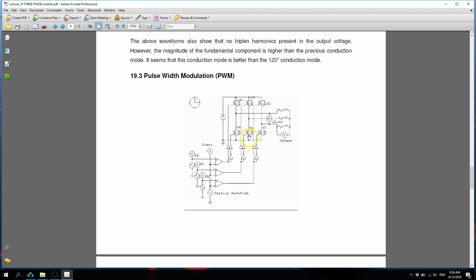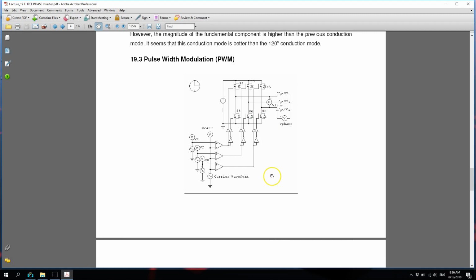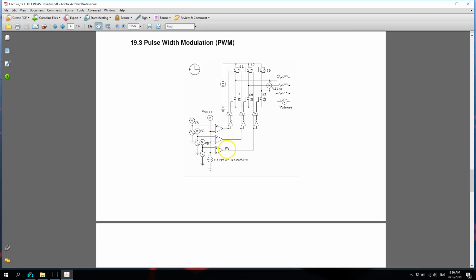S3 on, S6 will be off. S5 on, S2 will be off. So that is the circuit and also the comparator circuits. Whenever you are asked to sketch, to draw, to explain, always draw this circuit, and then describe how to generate the PWM signals.